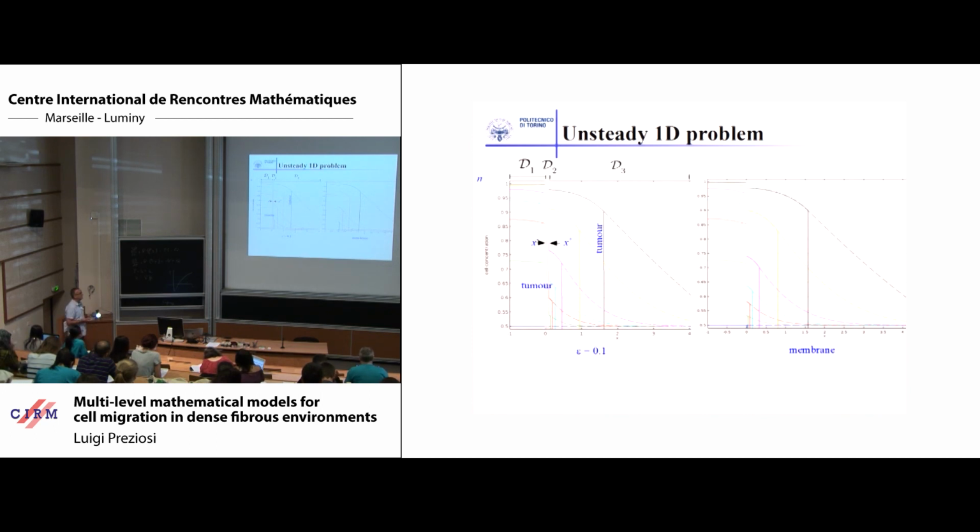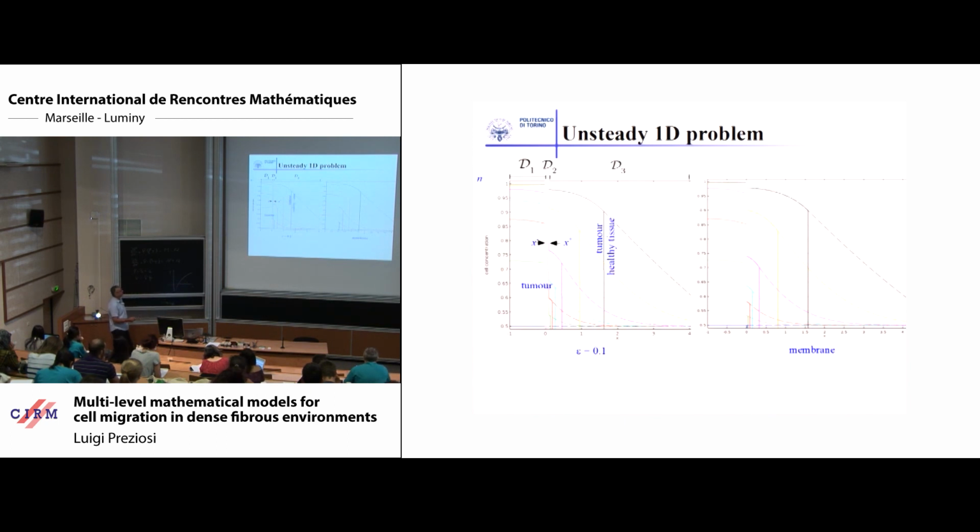And then you have this traveling wave problem, if you want, because there is a traveling wave going on. And you can compare the solution here. You have the tumor, the jump, it decreases, then it decreases again, and then you have the healthy tissue.